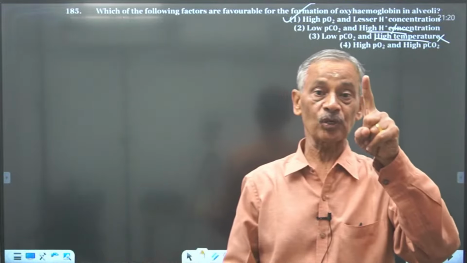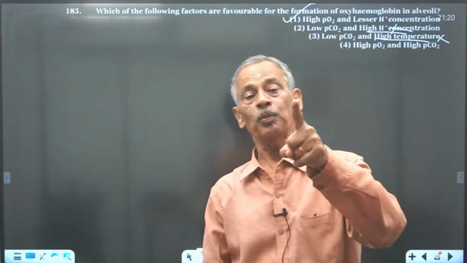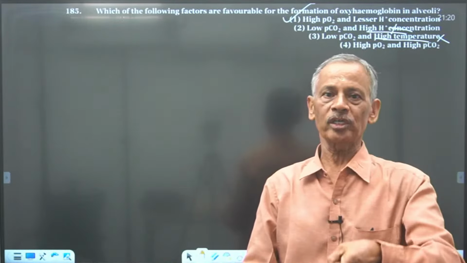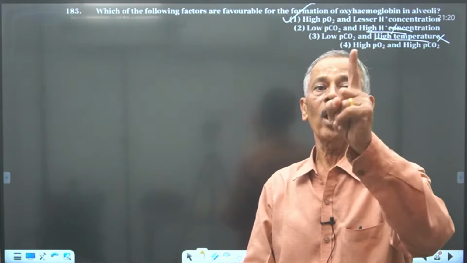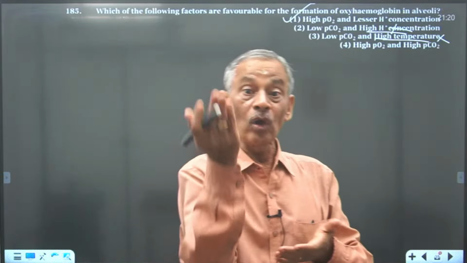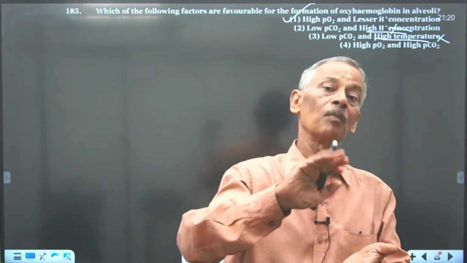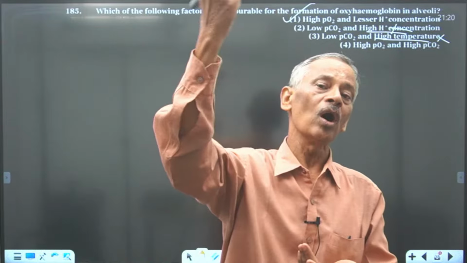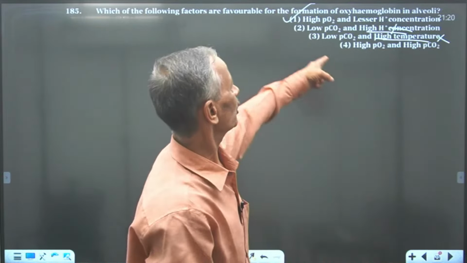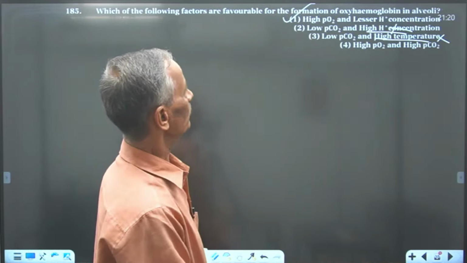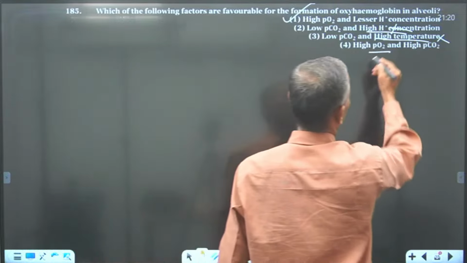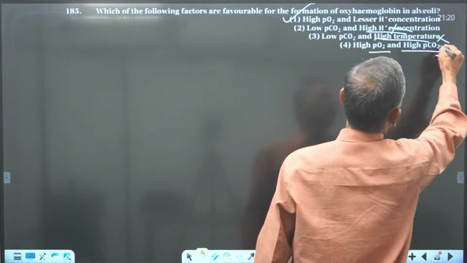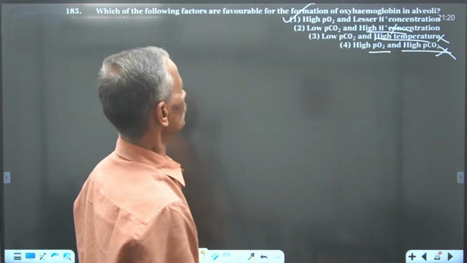High partial pressure of oxygen, low partial pressure of carbon dioxide, low temperature, low hydrogen ion concentration. Low hydrogen ion concentration means higher pH value, alkaline condition. Is that clear? High partial pressure of oxygen and high partial pressure of carbon dioxide? No. So the answer should be 1.